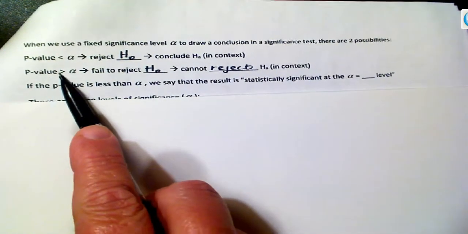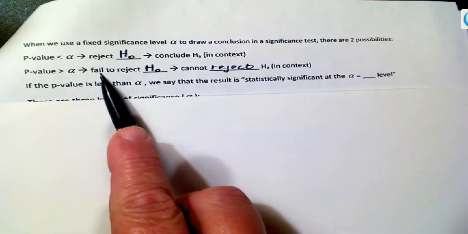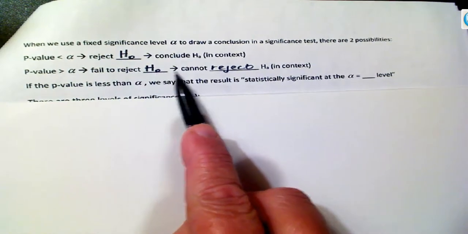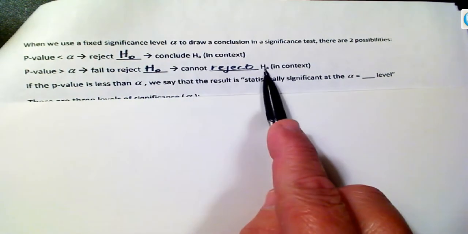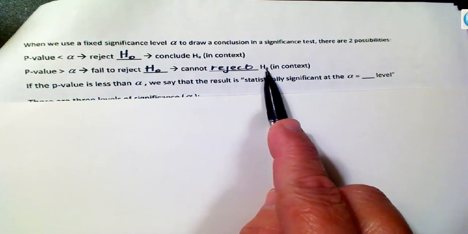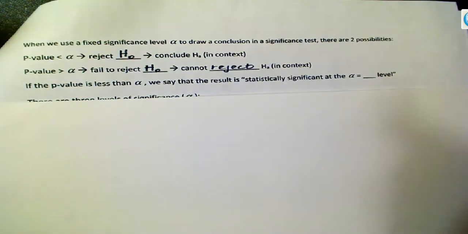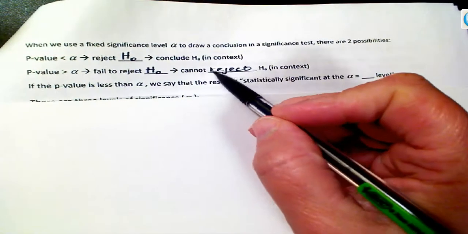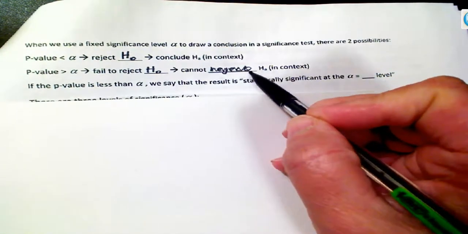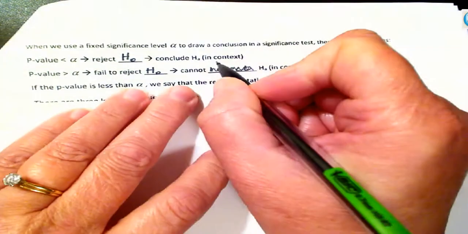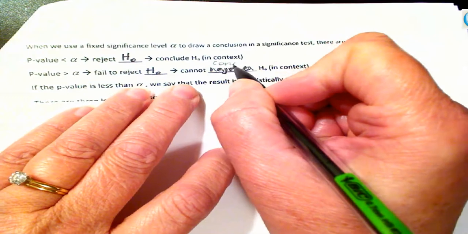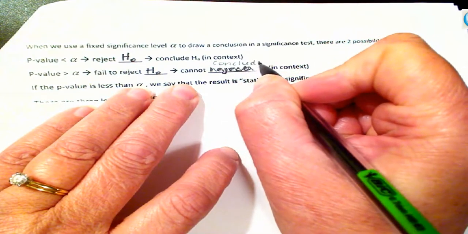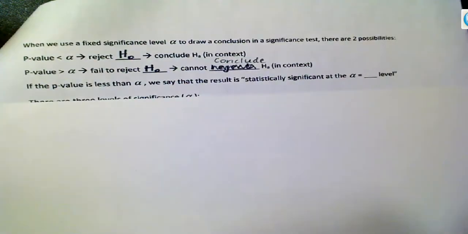If the p-value is greater than alpha, we fail to reject the H0, and we cannot conclude the Ha. Sorry about that, guys, the slide is supposed to say conclude.